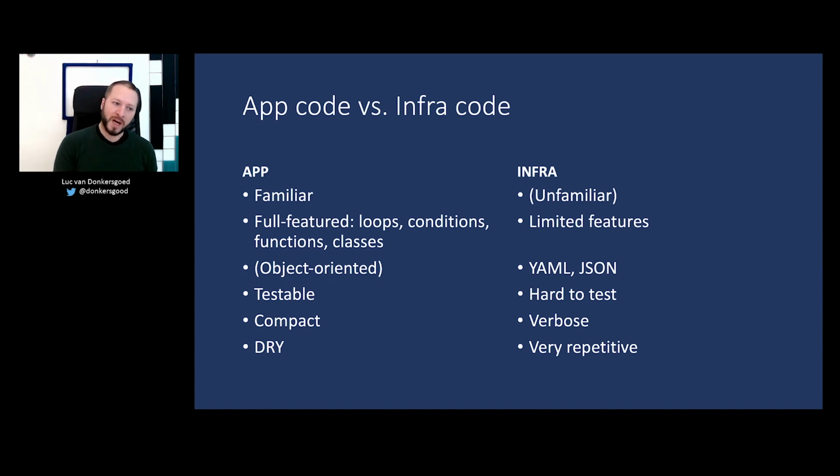The application might be object-oriented, it might also be procedural, but the infra probably is YAML or JSON or some other declarative language. The application is testable, while the infrastructure is hard to test. And most importantly, the application is compact and it's DRY, right? You do not repeat yourself. While the infrastructure is very verbose, every resource is repeated and repeated and repeated again.